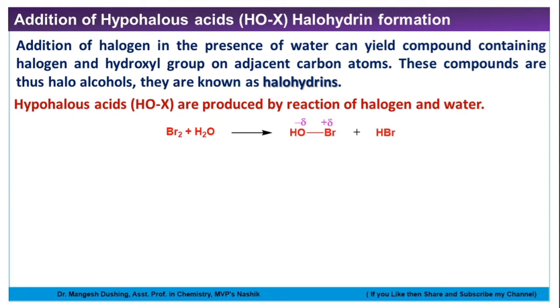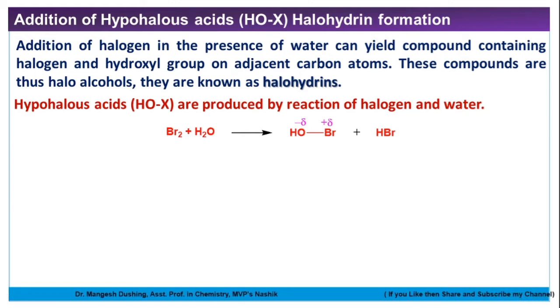Always remember, friends, because this is very important for the addition reactions, all addition reactions go via Markovnikov's rule. And Markovnikov's rule says that the negative part of the reagent attaches itself to the carbon atom which contains the lesser number of hydrogen atoms. So you should know which part of the reagent is negatively charged.